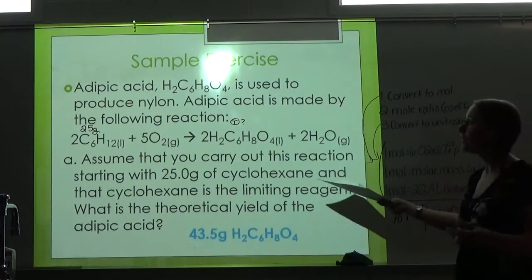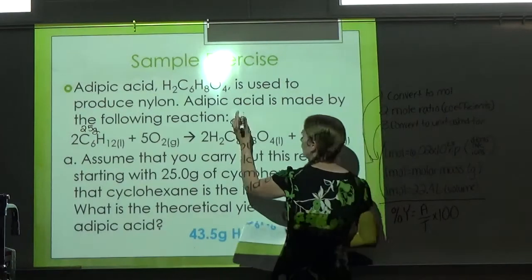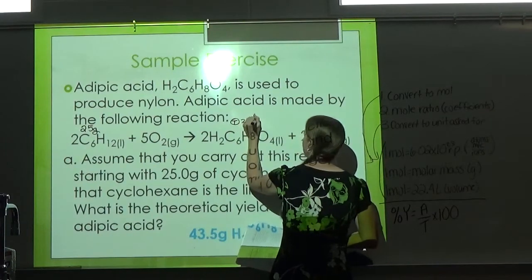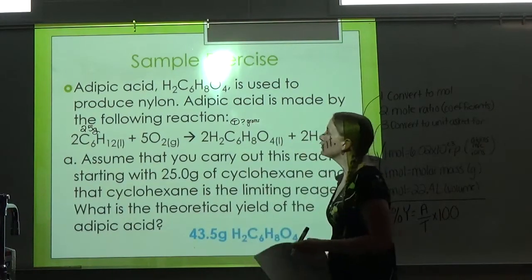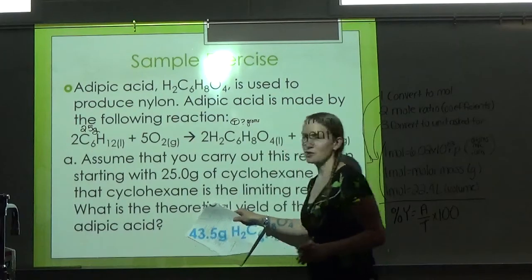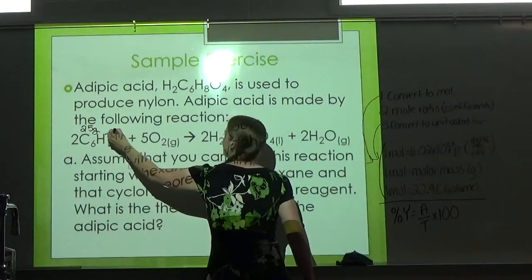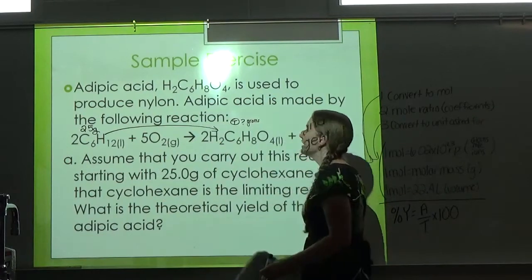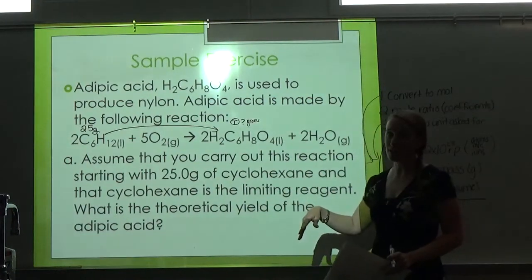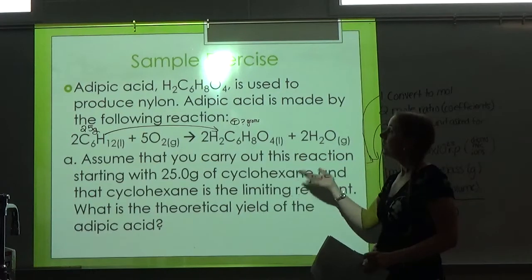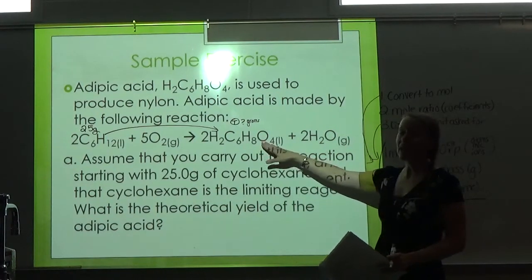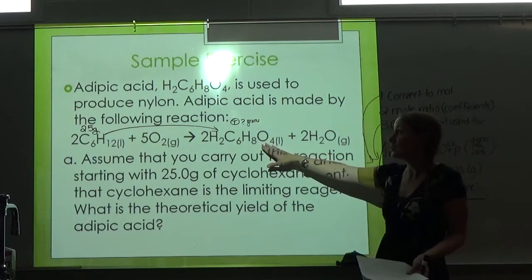So now I also know that my theoretical should be in grams. So in other words, we're going from here to here. And notice it didn't ask me for percent yield yet. It's going to ask me that in part B. It's just asking me to calculate, in theory, how much adipic acid I should make.